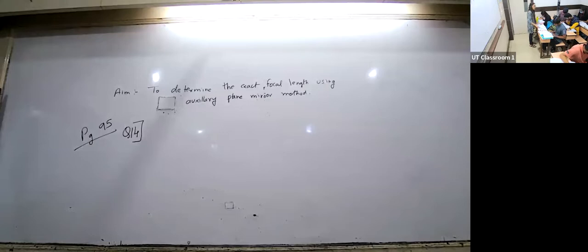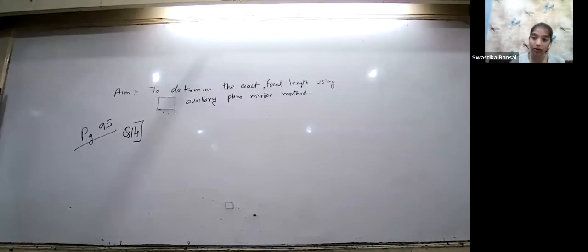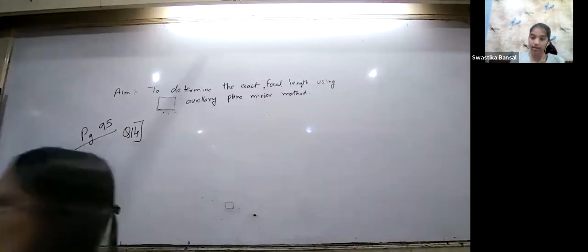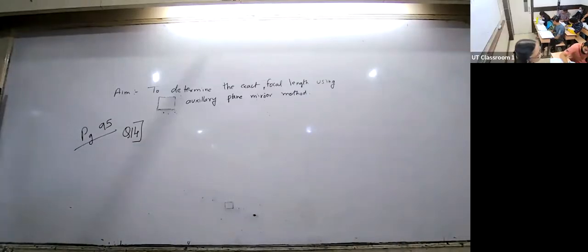I am expecting the correct answer. Ma'am, the answer is v equals 10. Yes, ma'am, even I got v equal to 10 and magnification as half. So you are getting v as positive 10?